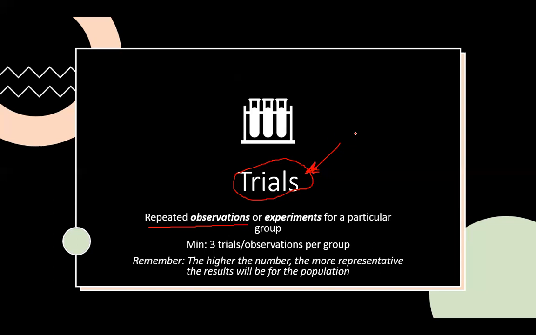So you need to remember that the higher the number of trials, the more representative the results will be for the population, and the more valid the results of your study or experiment.